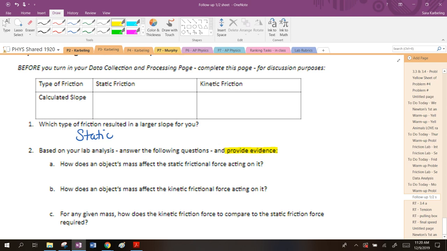How does an object's mass affect the static frictional force? What was your answer? I'll give you the first half of the answer. As the mass increases, what? Static friction increases. Yeah.